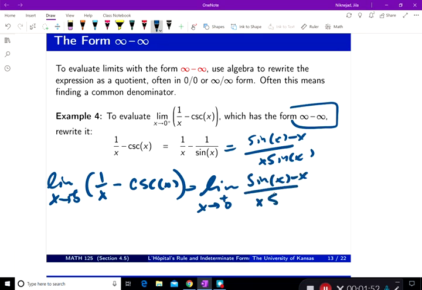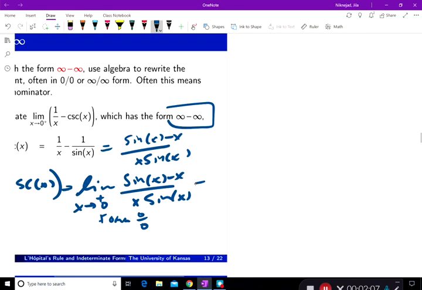And this time around, it's not infinity minus infinity, because when I plug in 0, I get 0 minus 0 over 0 times 0, which is 0 over 0. So the form is 0 over 0, and I can do an L'Hopital.